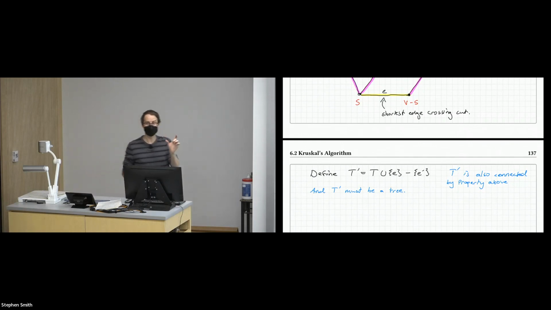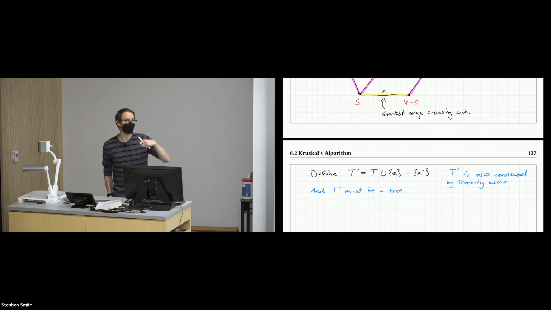Maybe for some people that's obvious. For other people, maybe not. The property I'm relying on there is that if I give you a graph on n vertices, it's connected and it has n-1 edges, it must be a tree. There's not enough edges for it to make a cycle, basically.